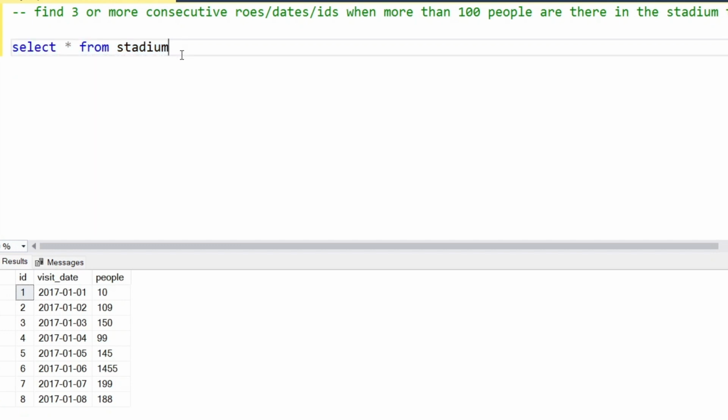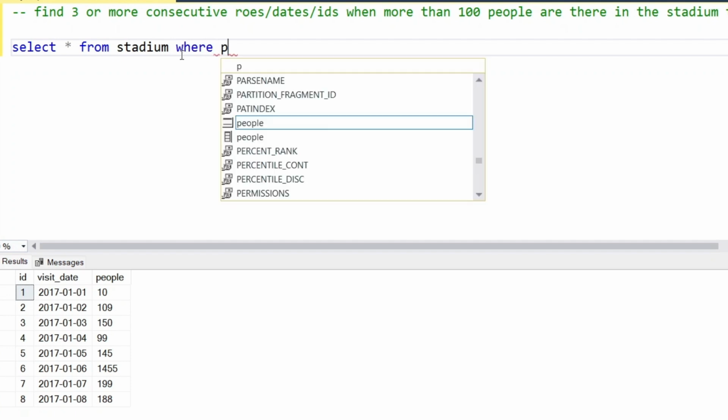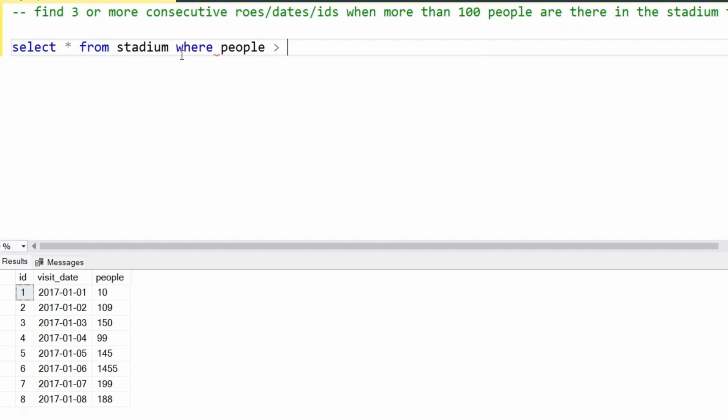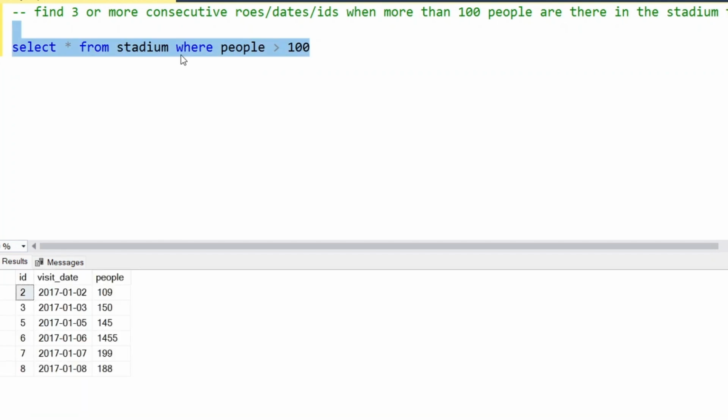So let's filter the rows, which is our first condition, where the number of people is more than 100. Now we have to find the consecutivity. For that we will create a CTE here, and we will give the row number to the rows.